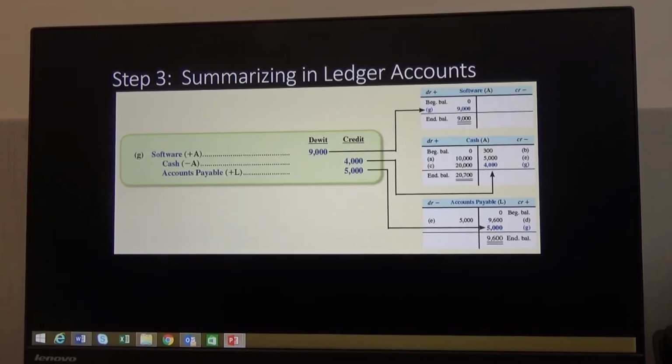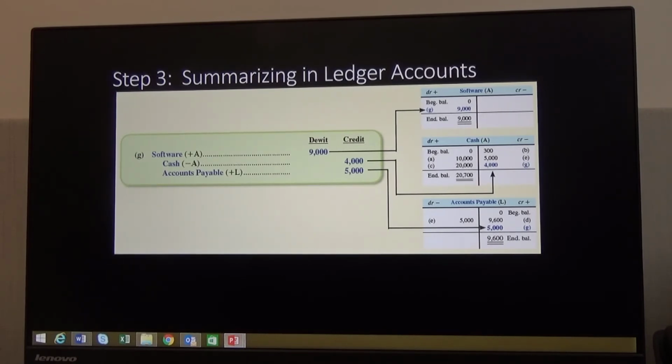But transaction G does. Transaction G is going to be debited to the software, so we enter it on the left side of the T and recalculate the balance for that account. And then we go to the cash account, and our entry is crediting cash. So in the cash account, we're going to add a credit entry of $4,000.